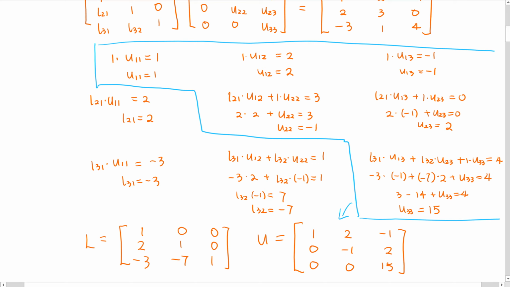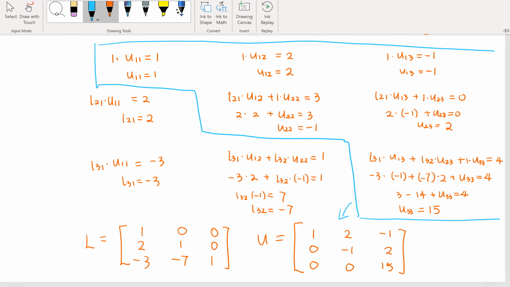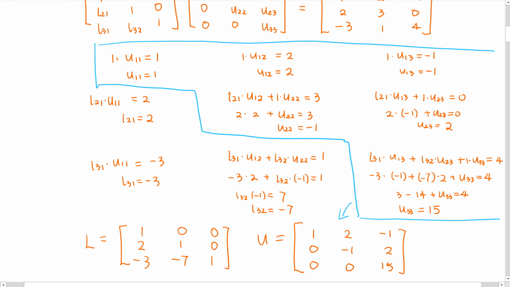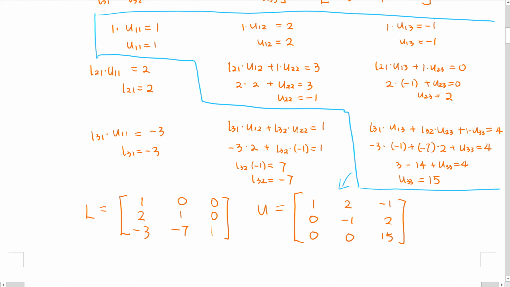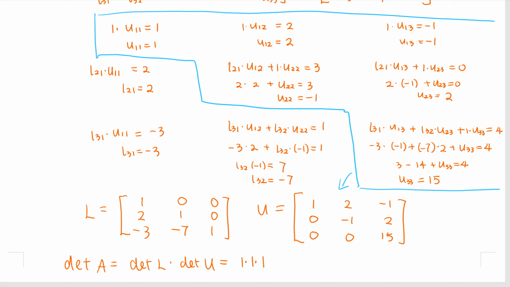All right. Okay, so now we have found an LU factorization for A. This is our L, this is our U. Let me ask you a quick question. What is the determinant of A? Well, it's just determinant of L times determinant of U. Determinant of L, because the diagonal elements are just ones, so just multiply all the ones together.